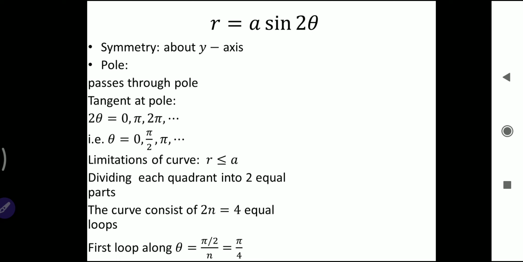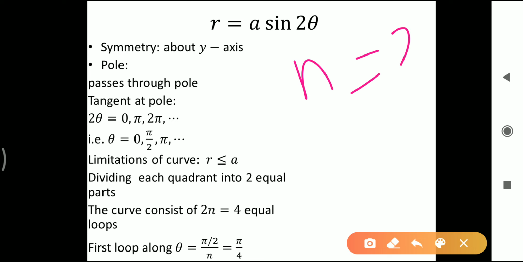So here if you look at the equation, r is equal to a sine 2 theta. So here your n is 2, and it is even. So here we are going to have 4 loops in this rose curve. It is symmetric about y-axis because when you replace theta and r both, the equation remains unchanged.